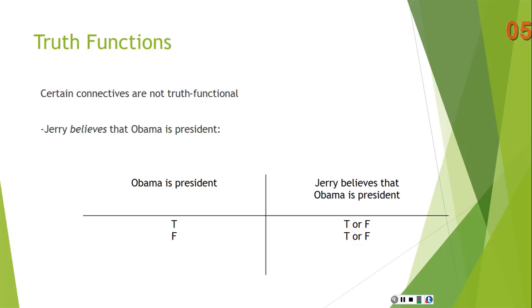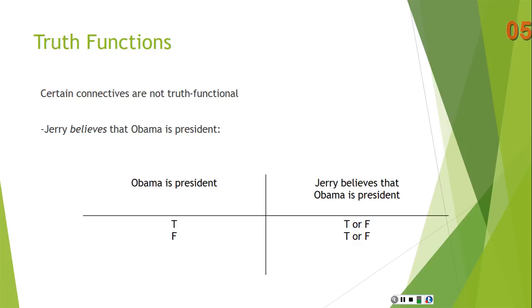Jerry believes that Obama is president. We can't determine the truth value of the entire statement simply by knowing the truth value of the statement Obama is president. So if you can see on this chart, or this table, whenever Obama is president is true, it's up in the air whether or not Jerry believes that Obama is president.